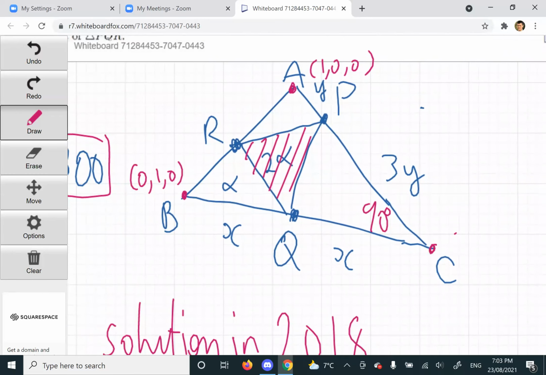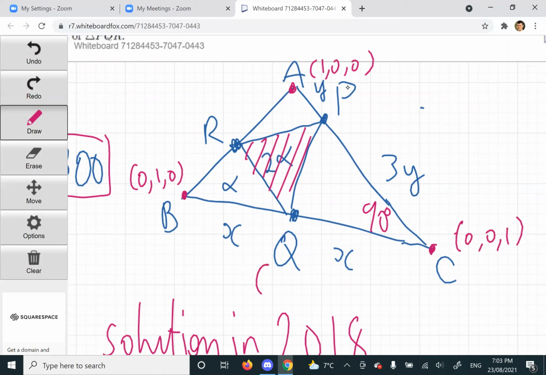And C therefore 0, 0, 1, right? And then Q is 0, half, half. So we know what Q is, the midpoint.